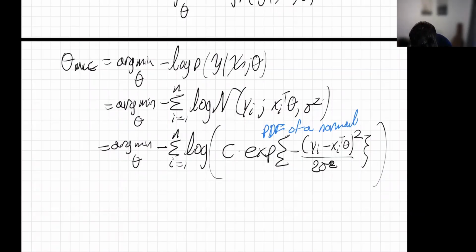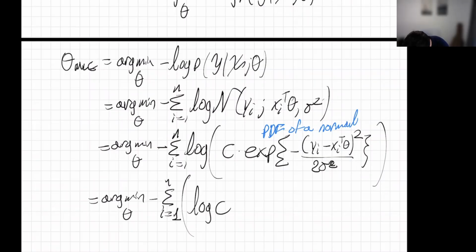And if I apply the logarithm, it's going to give me some constants. It's going to kill the exponential like we did before. So argmin over theta of minus, and then I get the logarithm of C minus, I hope I get this right, yi minus xi transpose theta squared over 2 times sigma squared.